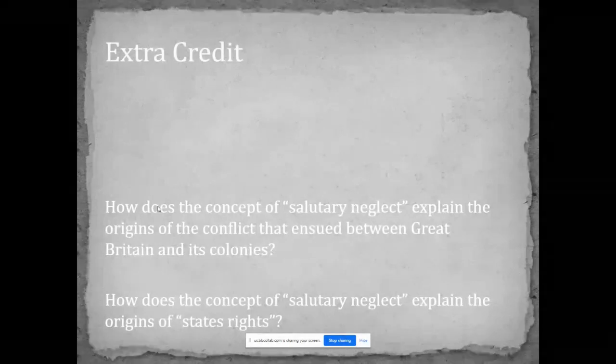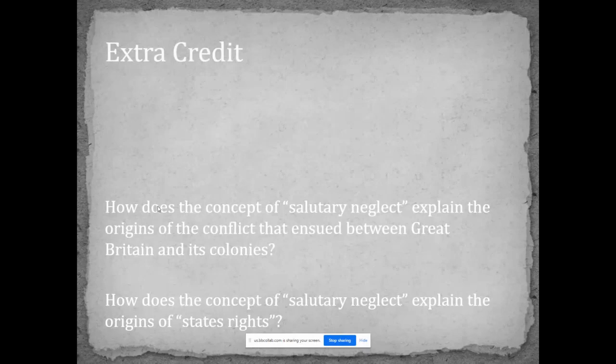So we will talk about what salutary neglect is in just a second here, but understand that when you have an understanding of what salutary neglect was historically, you're going to understand exactly why there was conflict between Great Britain and its colonies.